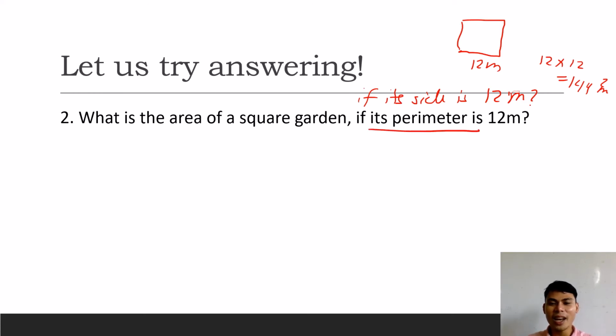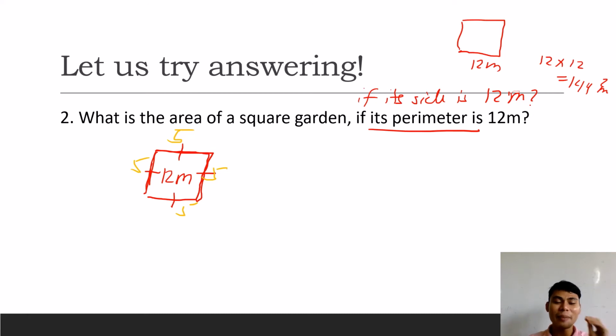Perimeter ang binigay. So, kung nakalimutan mo, you draw a square. Ano nga ang special characteristic ng square? Equal ang measure ng side. So, kung ang perimeter daw ay 12 meters, meaning, magkano? Ilan ba per side? So, you say 5, 5, 5, 5, 20.